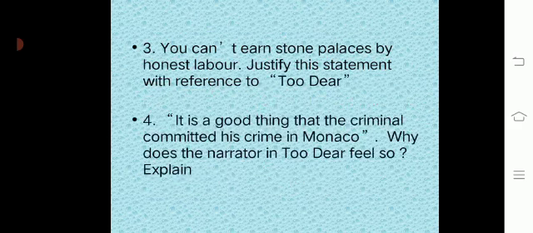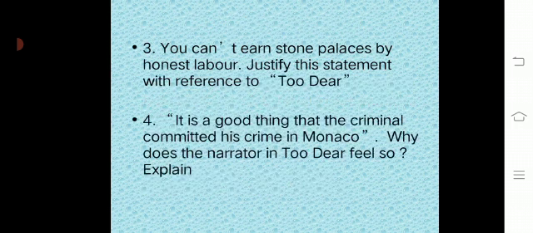Then, question number 3. You can't earn stone palaces by honest labor. Justify this statement with reference to Two Deer. Sometimes, in the viewpoint of the King of Monaco, he justifies his monopoly and allowing the gaming house in his kingdom, because he says it is difficult to run the administration and the kingdom.